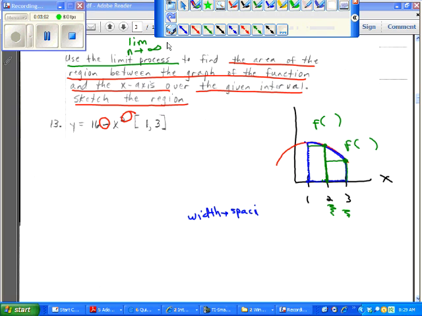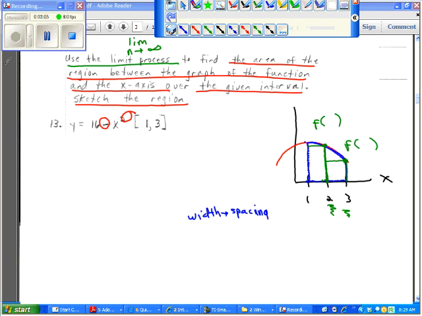My mouse died on me there. The spacing between the rectangles, in other words, the space here is 1, you see. And then the length is actually the function value, right? The function value at the right bound of the rectangle.